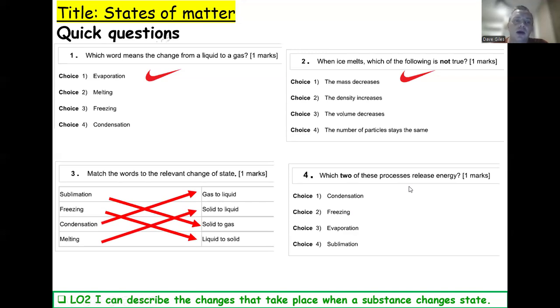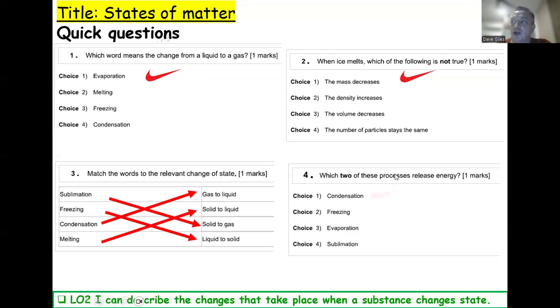Again, this is something you can work out. When you release energy, you are changing from something which is high energy to something which is lower energy.